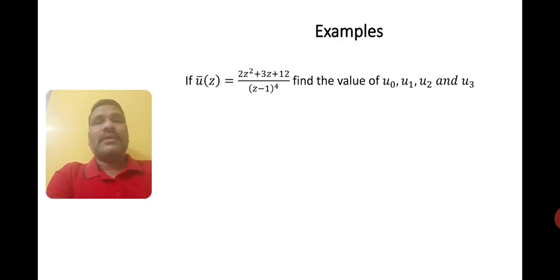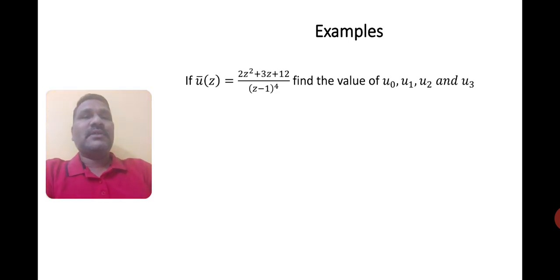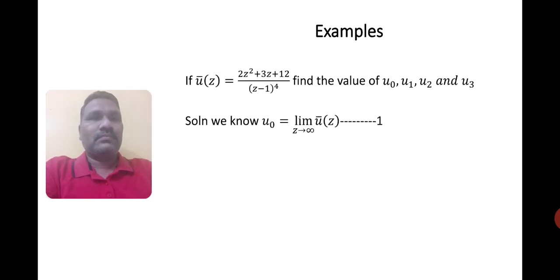Now the real thing will come. What I want to do is, if u bar of z is equal to 2z square plus 3z plus 12 divided by z minus 1 whole to the power 4, find the value of u0, u1, u2 and u3. As we discussed in initial value problem, u0 is given by limit as z tends to infinity of u bar of z.